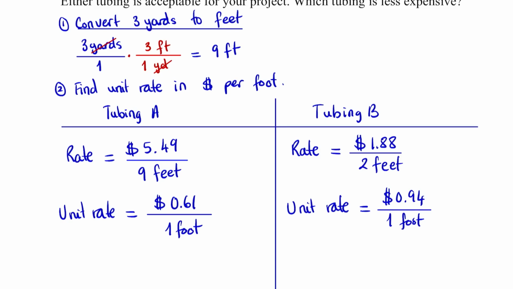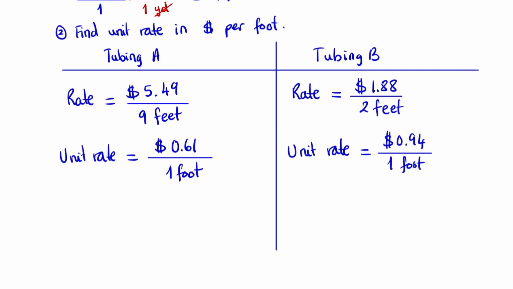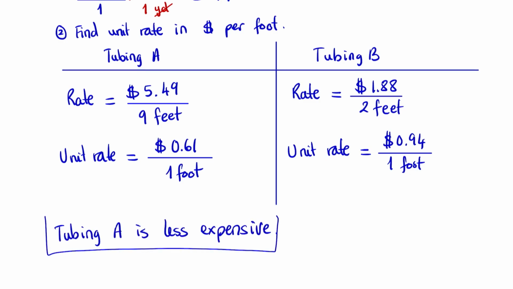So to buy tubing B, if I only want to buy 1 foot, I pay 94 cents. So now, tubing A is 61 cents per foot, and tubing B is 94 cents per foot. Which one is less expensive? And of course, tubing A is less expensive.